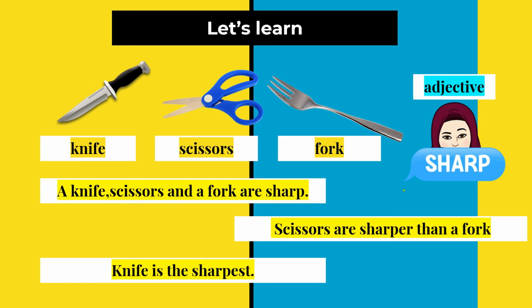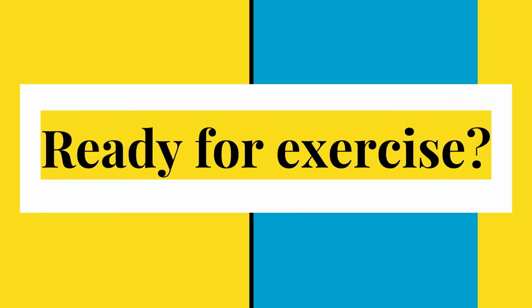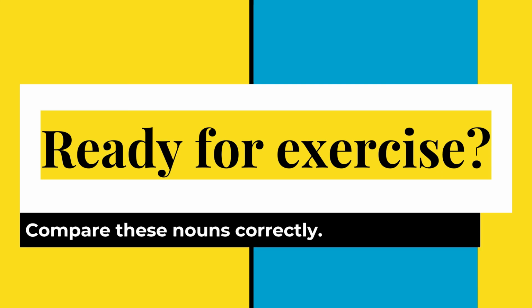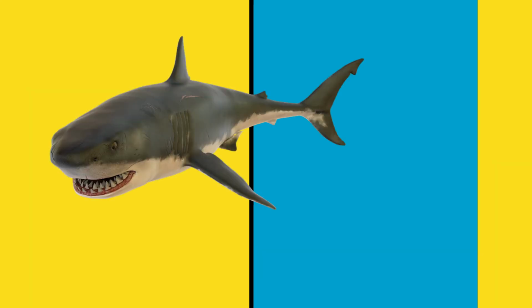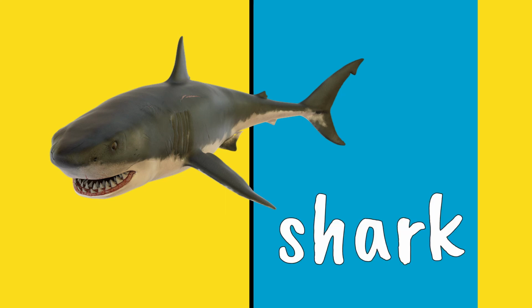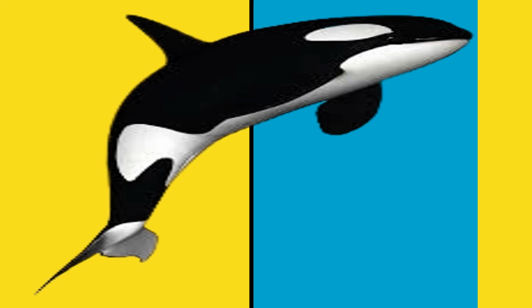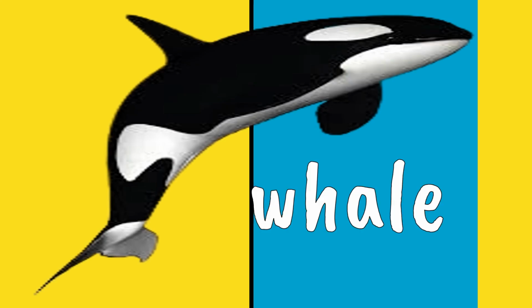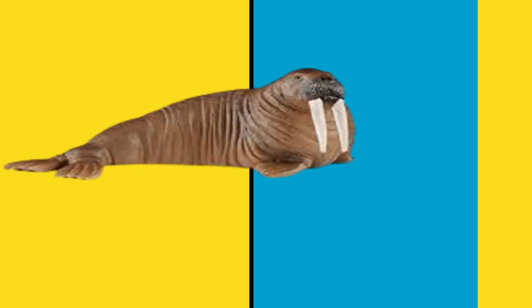Alright. Ready for the exercise? Compare these nouns correctly. Alright, what is this? A shark. Yes, a shark. What's this? A whale. A walrus.